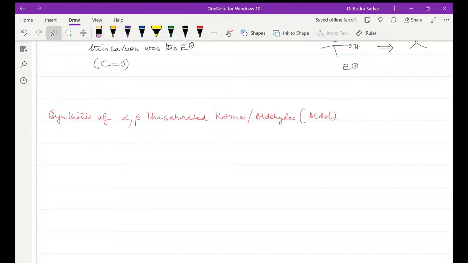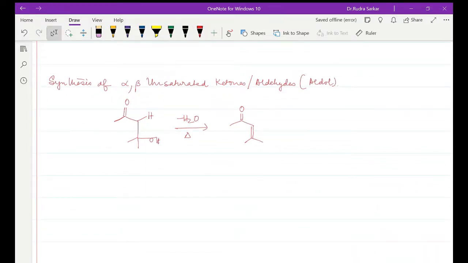So basically beta hydroxyketones or beta hydroxyaldehydes, the product of aldol, can easily undergo dehydration under heating conditions for open chain beta hydroxyaldols, to give us the alpha beta unsaturated product.